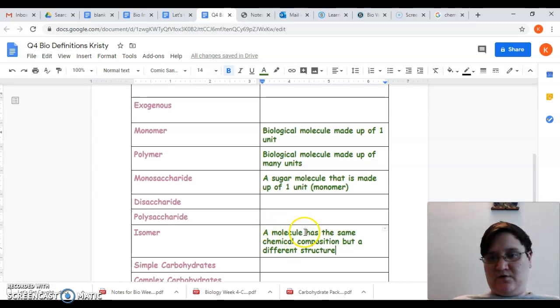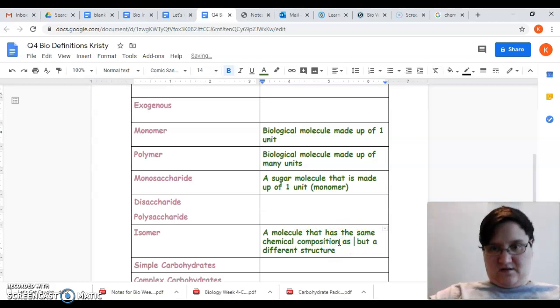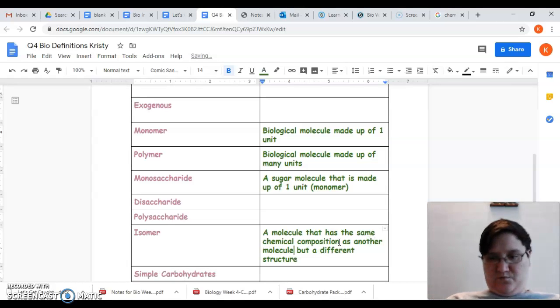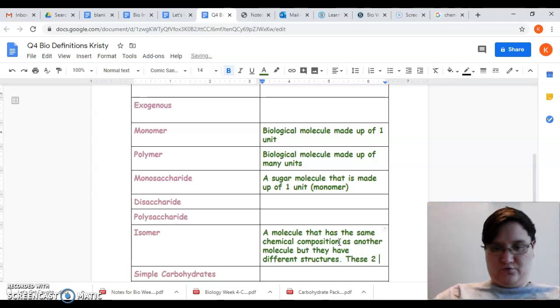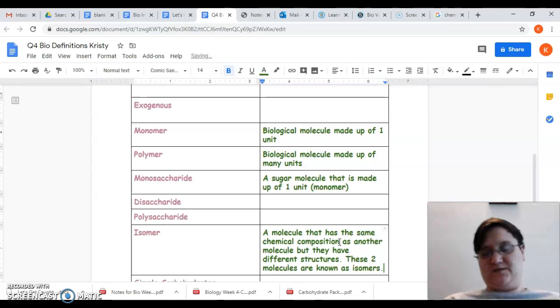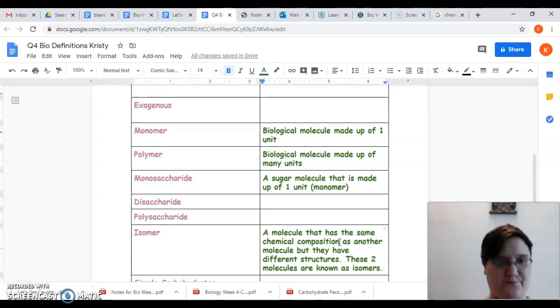A molecule that has the same chemical composition as another molecule, but they have different structures. These two molecules are known as isomers. I think this just explains it a little bit better because you're comparing two things.